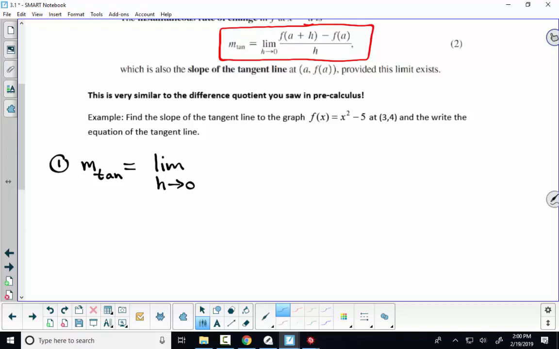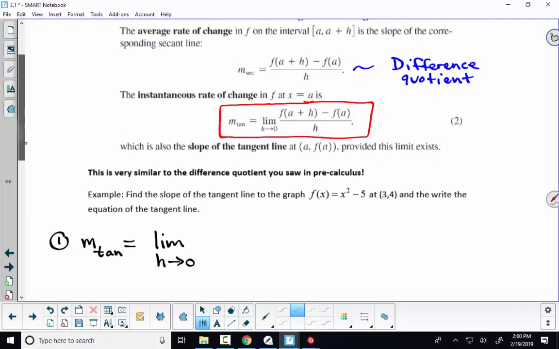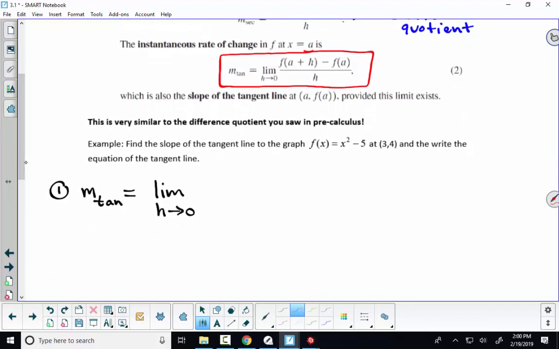Okay, so we're going to compute the limit as h goes to 0 of f of a plus h. What is a in this example? 3. Do y'all agree with that? Yeah, because it says right here, at the point a comma f of a. So this is the point x comma f of x. We should clarify that when you see this a, just think of a as a fixed x value.